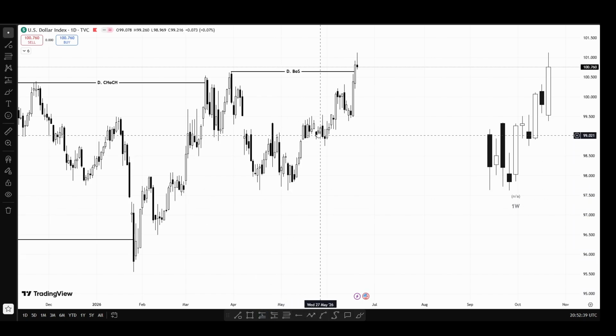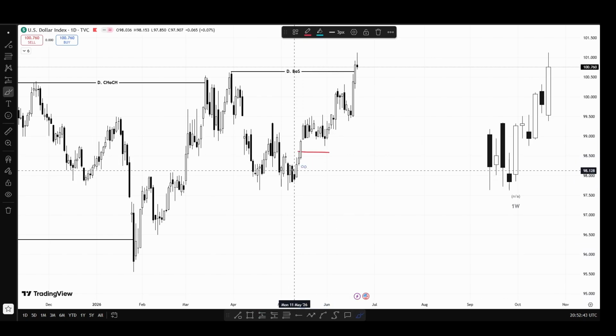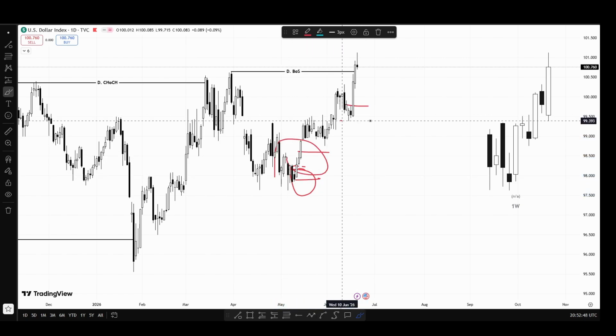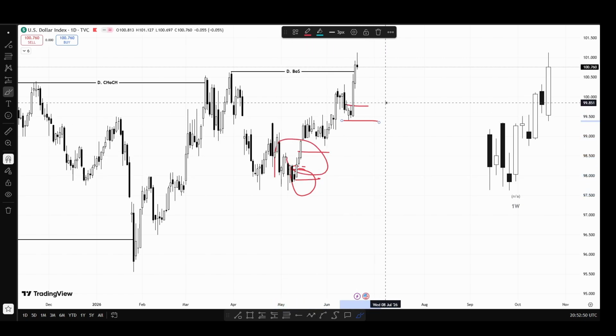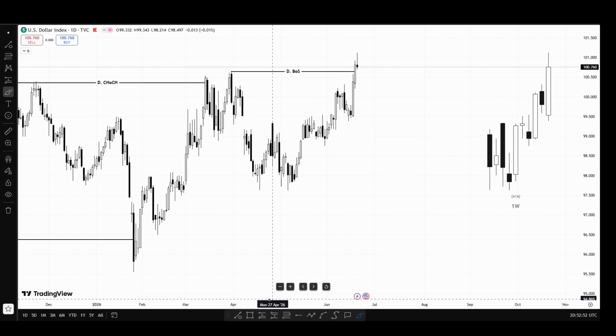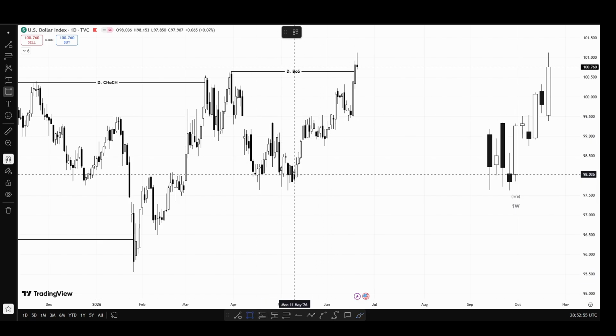So let's see, you can see that this other block here lies in the 50%, but this is in the 0.382. Okay. So we'll be focusing on this other block here.